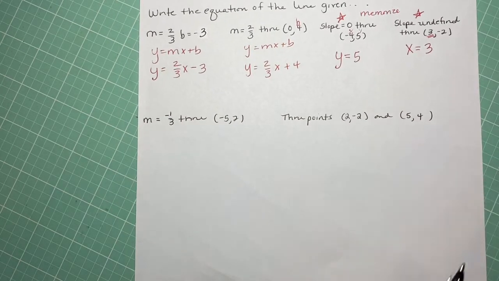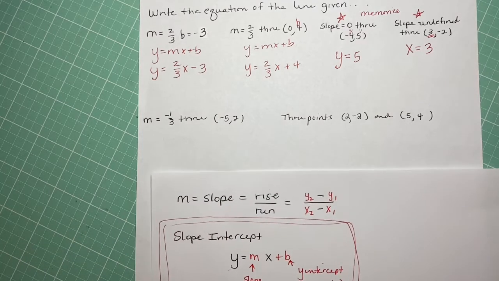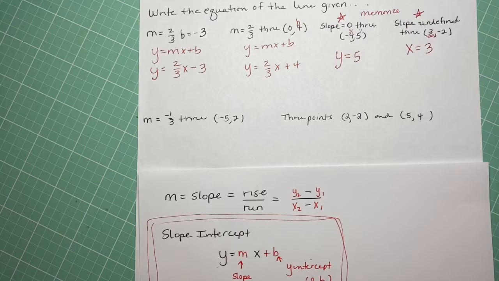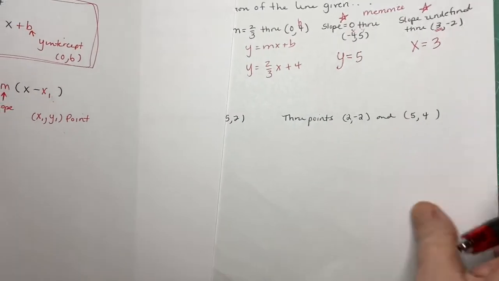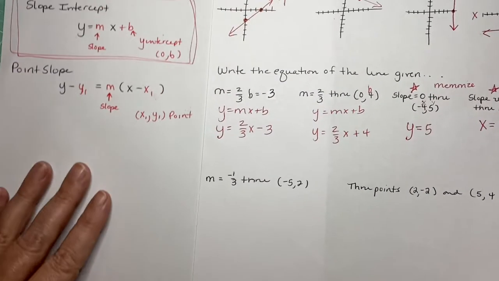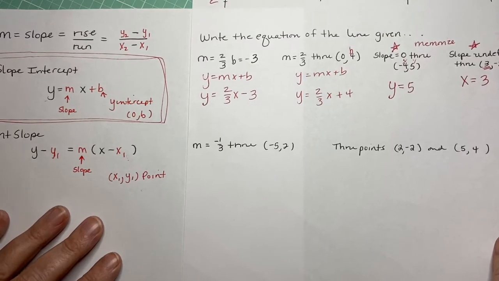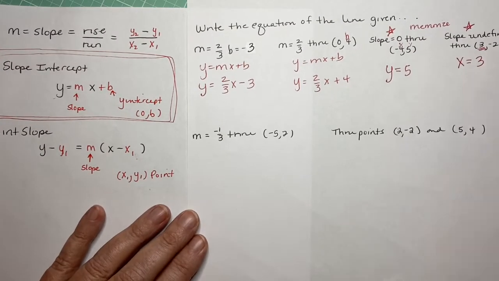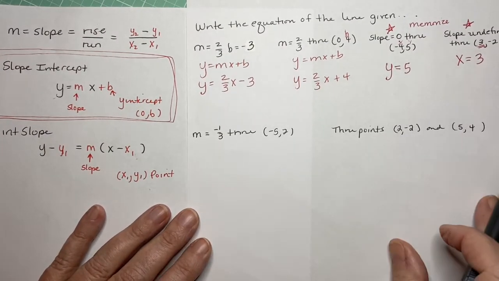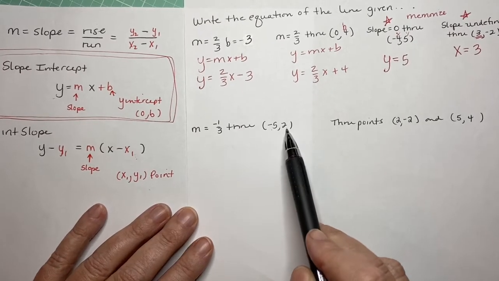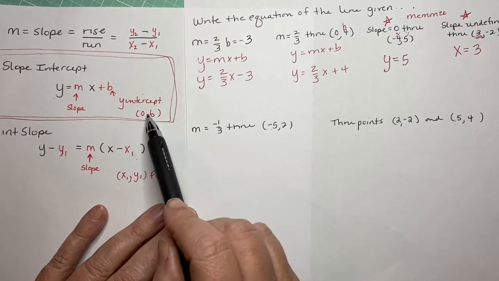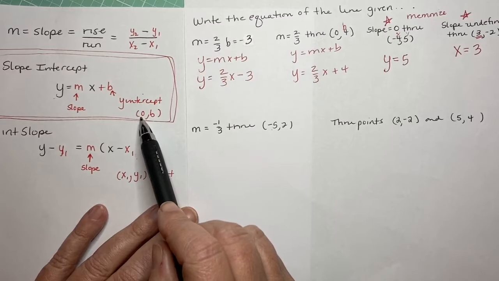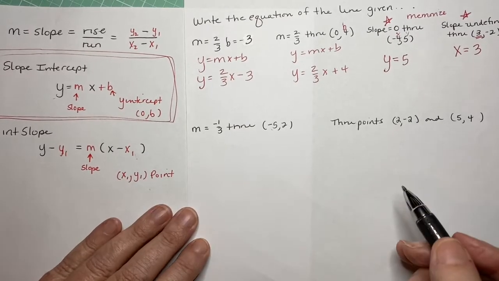So the first 4 are pretty quick and easy, but these last ones are going to take some work. So let me get this in here. Let's see. Do them side by side. Okay, these last two give you a slope of -1/3 and the point (-5, 2). I cannot use this one because there's not a 0, so I have to use the point-slope formula.